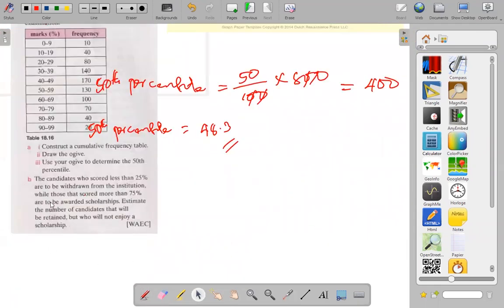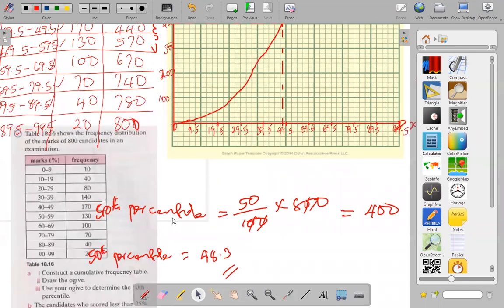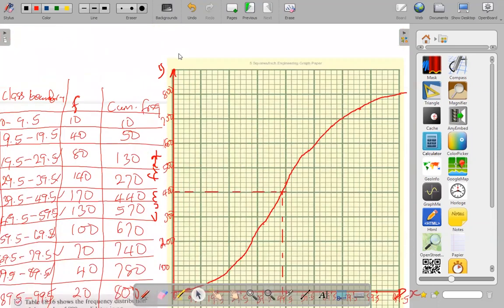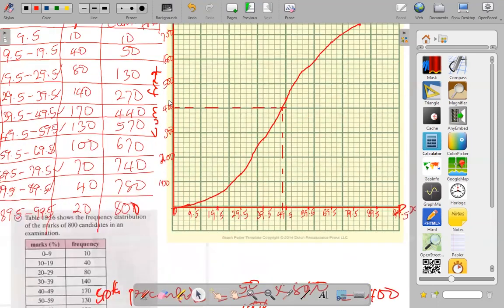Question B says the candidates who scored less than 25% are to be withdrawn from the institution, while those who scored more than 25% are to be awarded scholarships. Estimate the number of candidates that will be retained but will not enjoy a scholarship. Remember that our score is on the x-axis. These class boundaries here are the scores. On the y-axis we have the number of students, the cumulative frequency.